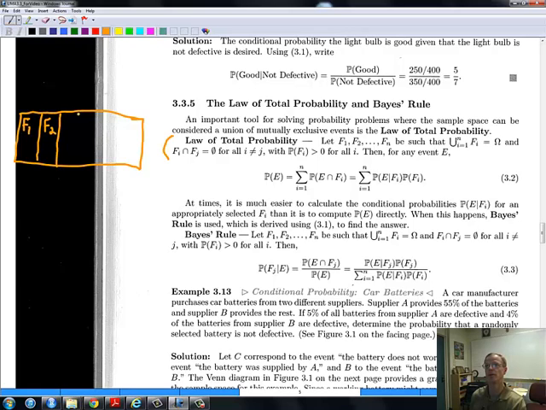F2, F3, and so on, all the way up through Fn. This is a little small, I want to go bigger here.